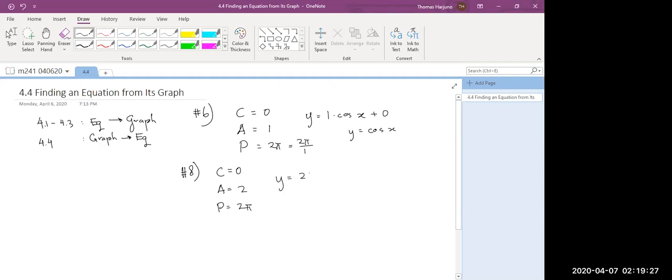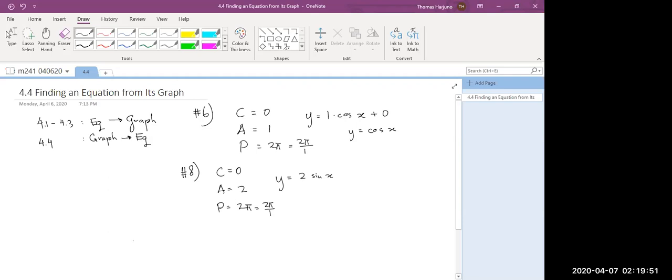Is it sine or cosine? Sine. And the period is 2 pi, which is 2 pi over 1, which means the coefficient of the angle is 1, and plus 0. Or just y equals 2 sine x.